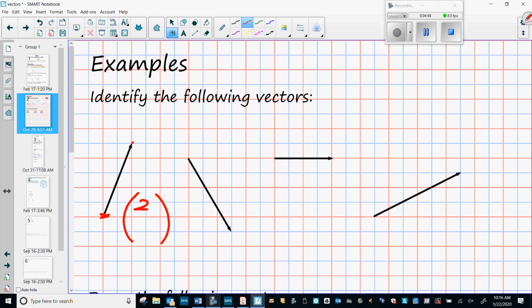Good, I like that, Jodie. So 2, not -2. And which vertical movement have we made? -5 or 5?